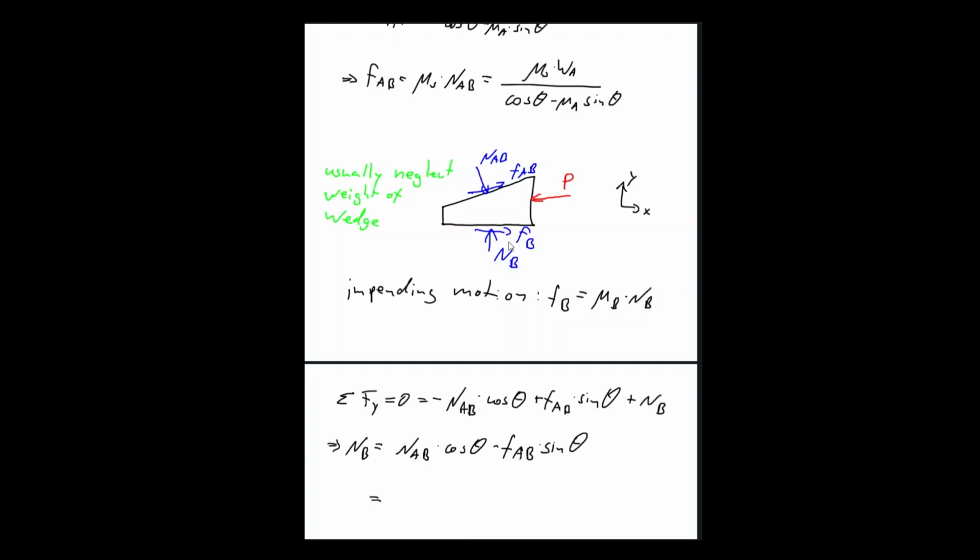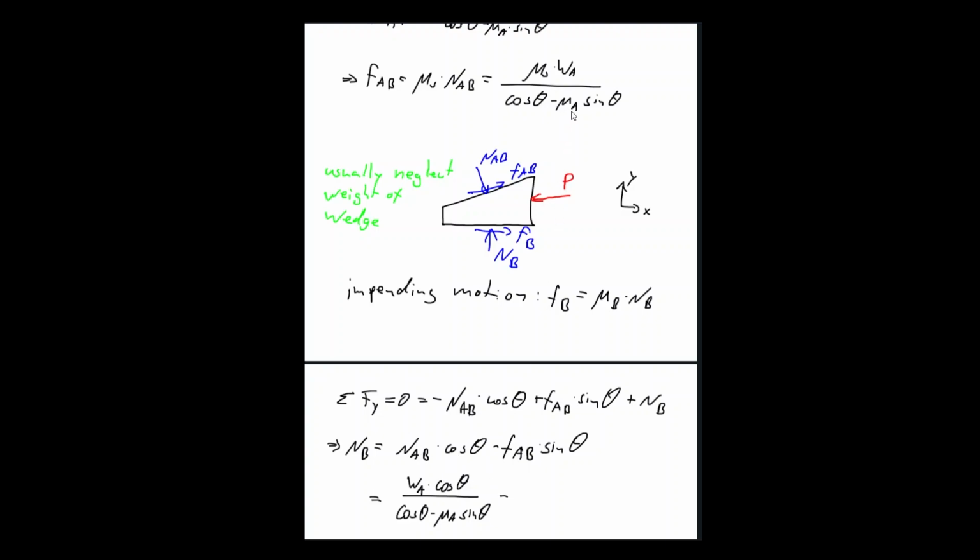So we'd have NAB, which would then just be WA times cosine theta over cosine theta minus mu A sine theta. That was this block.